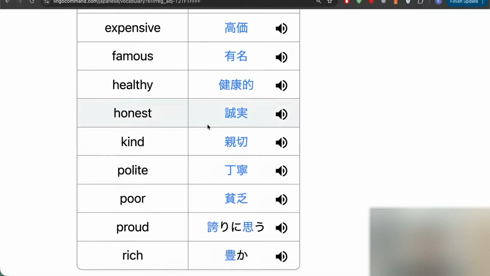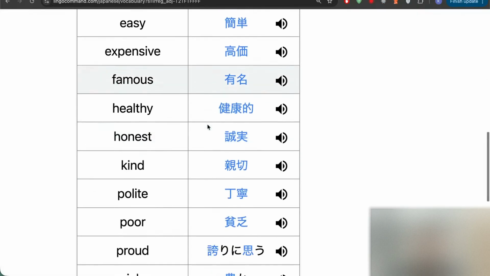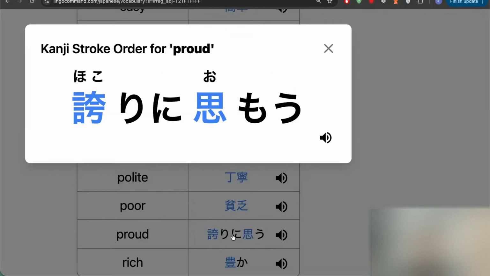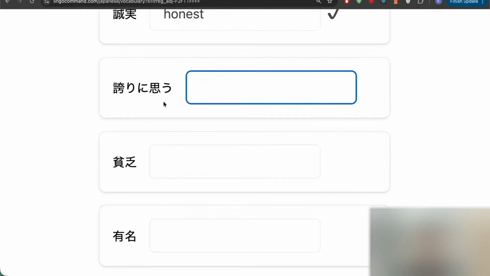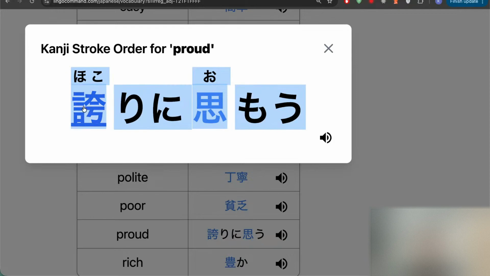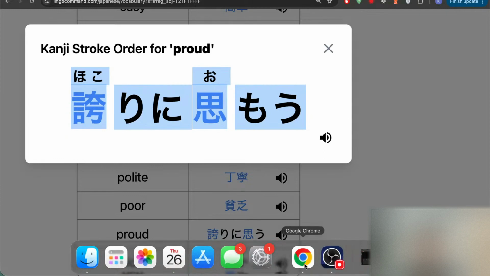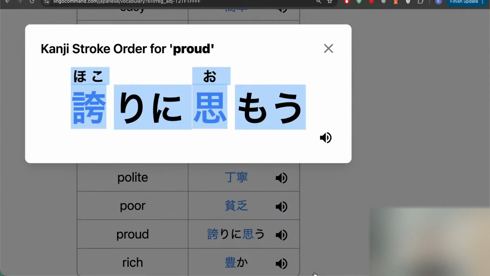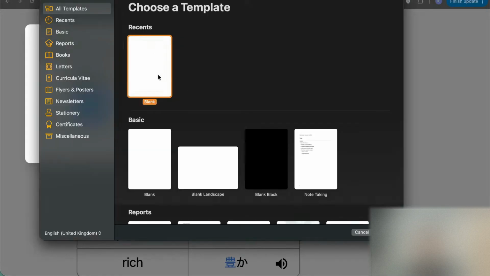Let's just check that on this separate tab. Hokori ni omo. That's very interesting actually, because it's got a different breakdown here, which is not ideal. So I'll take a screenshot of this. And if I go to pages, we can make a note of this.